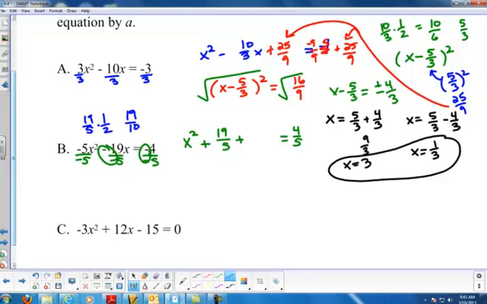So we're going to square both of these. And 19 squared is 361. So we're going to be adding 361 over 100 to both sides. So on the left, I know my factored form is that 19 over 10. So I'm just going to write x plus 19 over 10 squared.